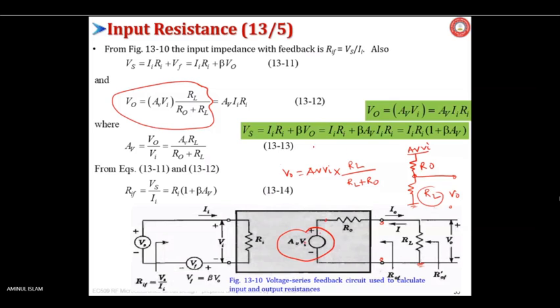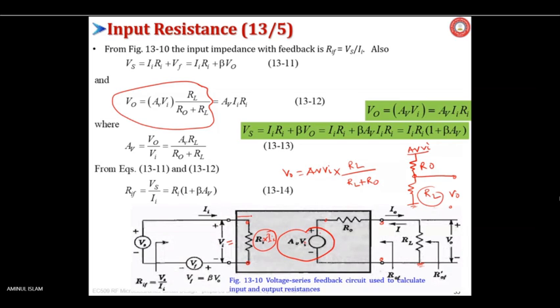And what is VI? VI equals to what? VI equals this resistance multiplied by II, that is, VI equals RI into II, or not?